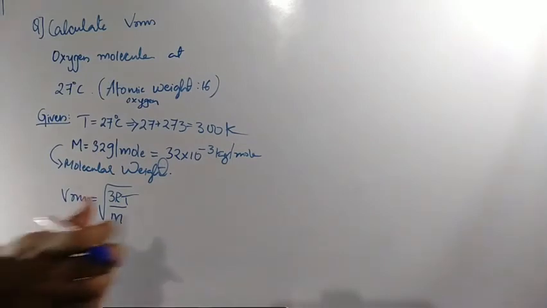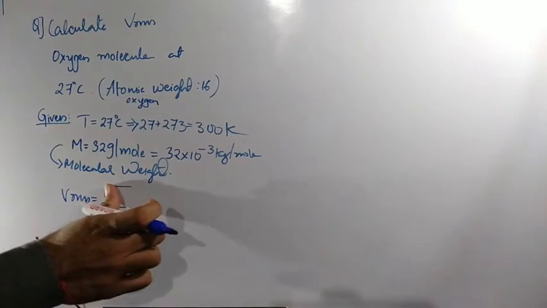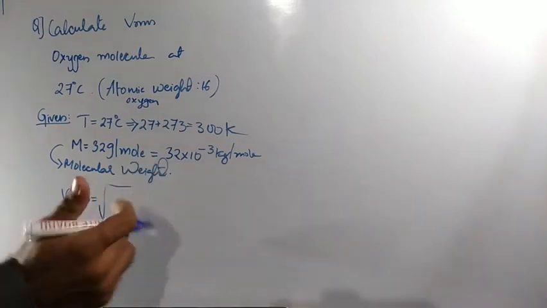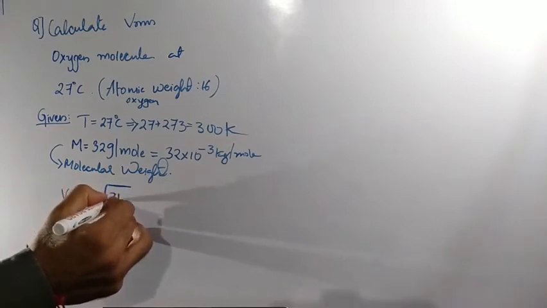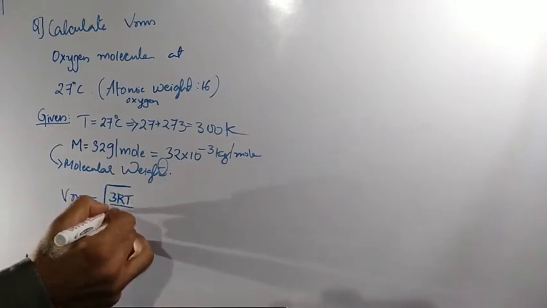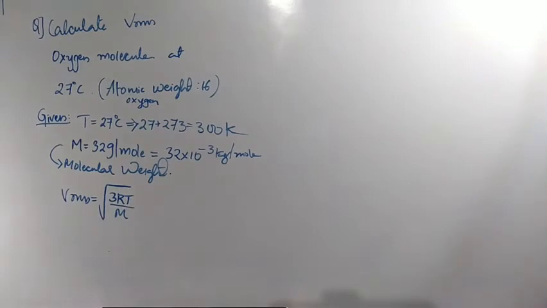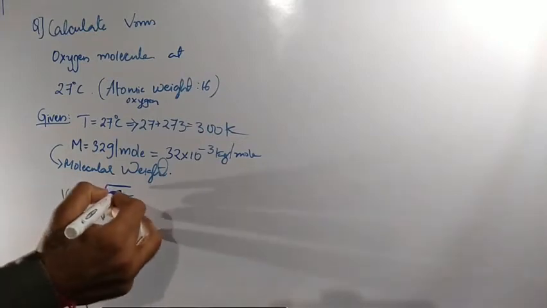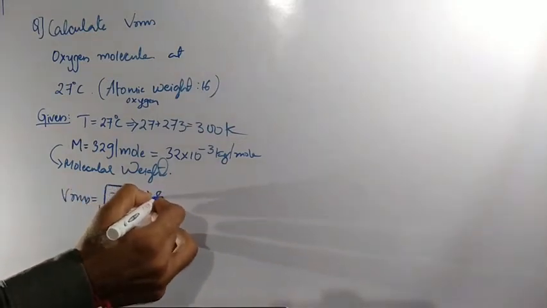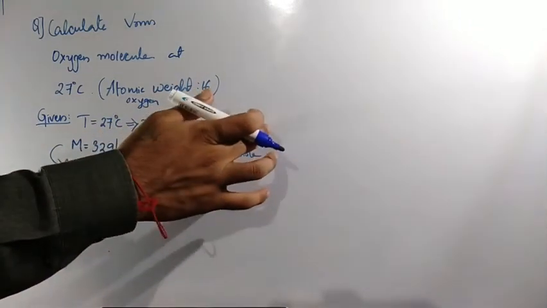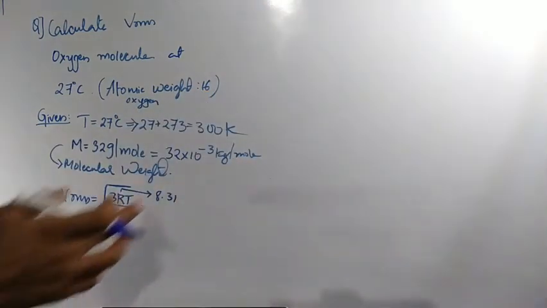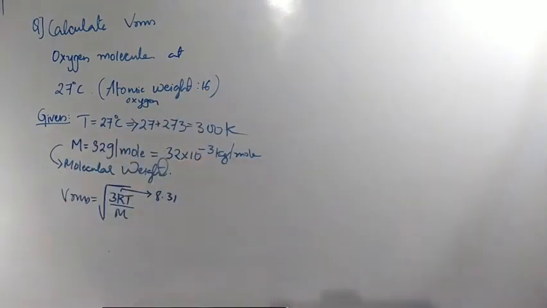That's why change it to 3RT divided by M. R is nothing but the universal gas constant. Value stands for 8.31. T value, already here I had written 300. M value will be 32 into 10 to the power of minus 3.